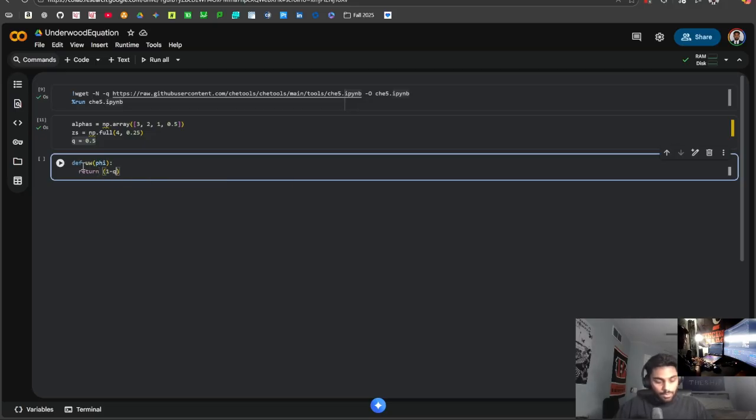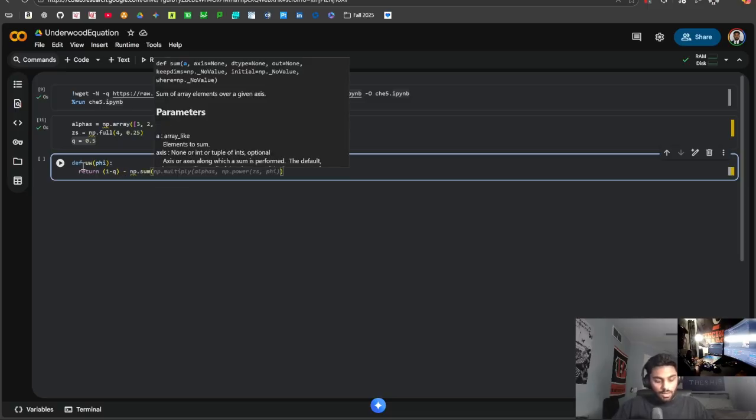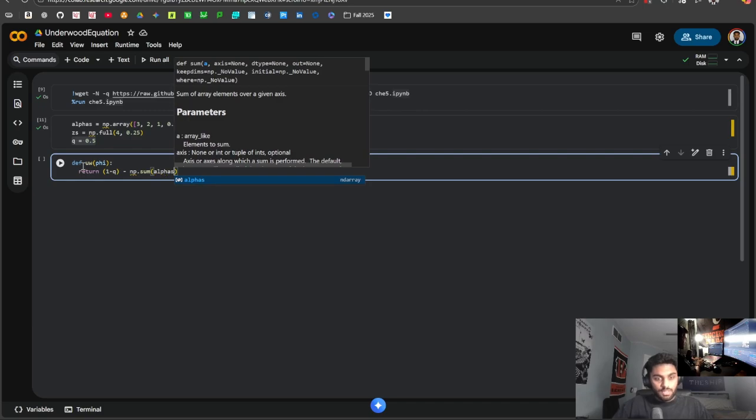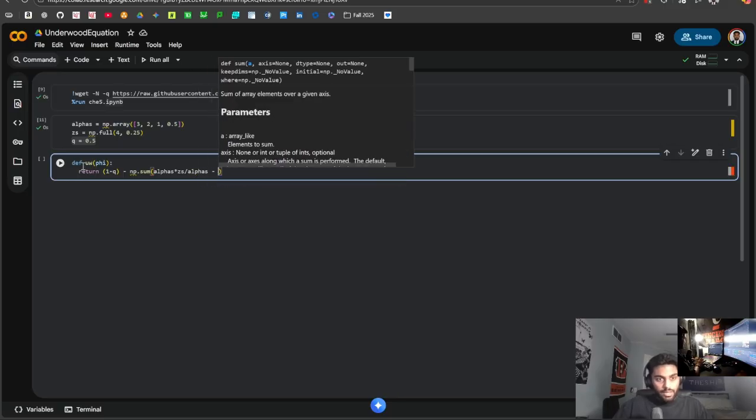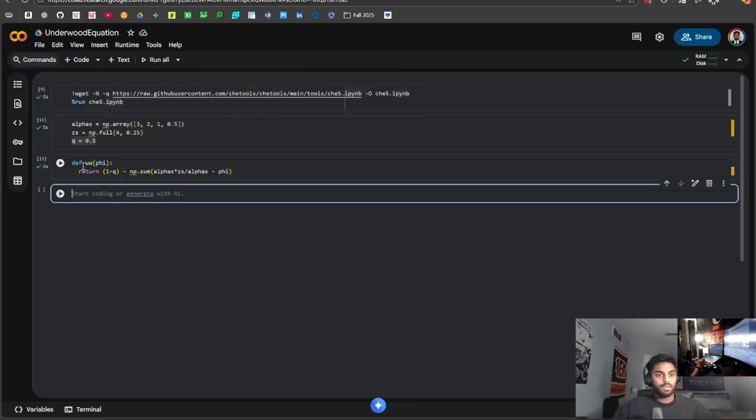So it's going to be the 1 minus Q minus the sum of our alphas times our z's over our alphas minus our phi. That's exactly what we derived for the Underwood equation in the rectifying section.